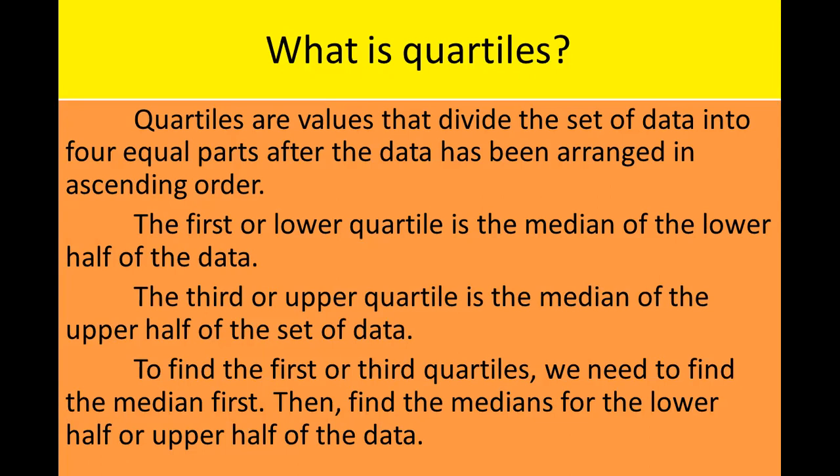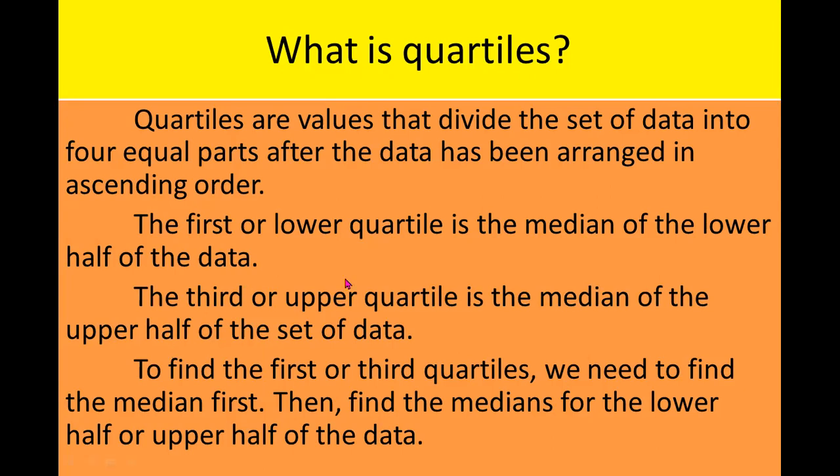So to find the first and the third quartiles, we need the median first so that we can get the lower half and the upper half. The first quartile is the median of the lower half, and the upper quartile is the median of the upper half. That is how we are going to find them.